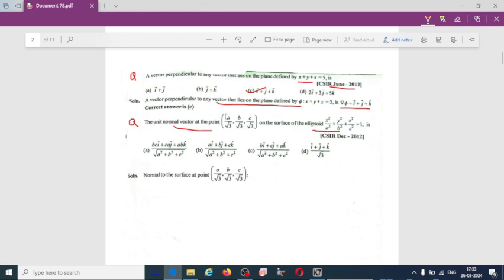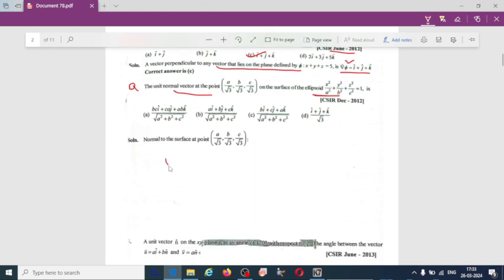Gradient of phi, like in the previous questions as you have taken gradient of phi. If you take it and substitute this point after taking the gradient, next what you have to do, unit normal to the surface. They have given here unit normal to the surface.